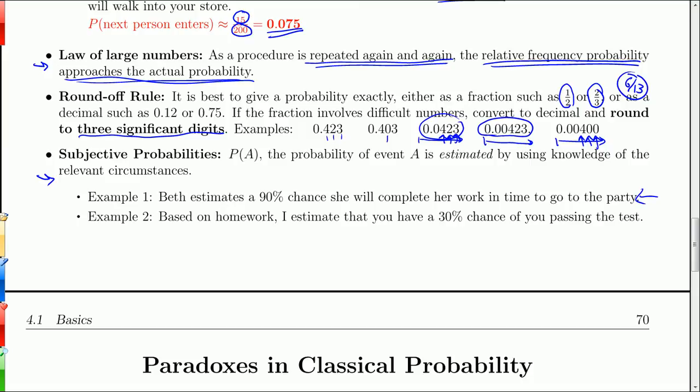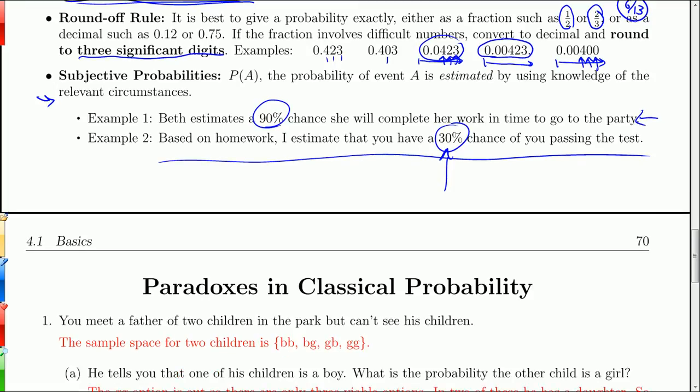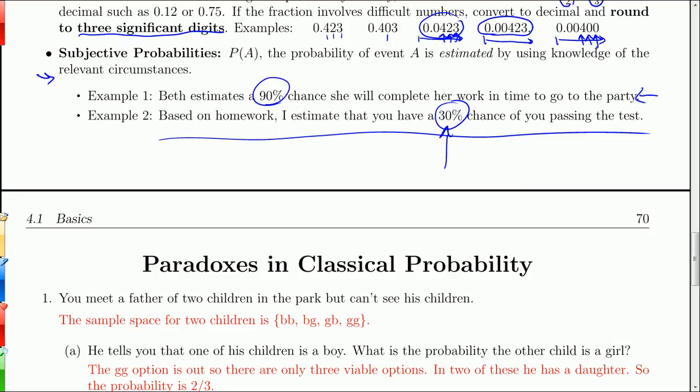The 90% might just be a way of saying that. Based on homework, I estimate that you have a 30% chance of passing the test. All that's saying is, I don't think you're going to pass the test, or you don't have a very good chance of passing the test. Where things like this 30% come up, it's tricky to make that sort of estimate. Okay, so that's subjective, and that's about the end of subjective probabilities.